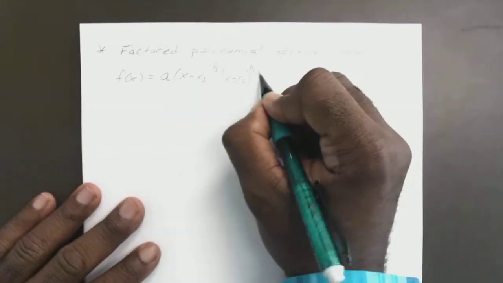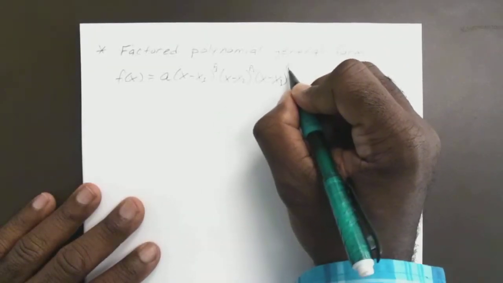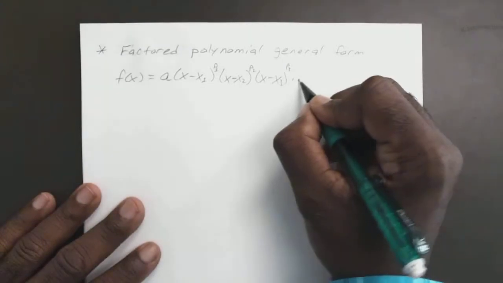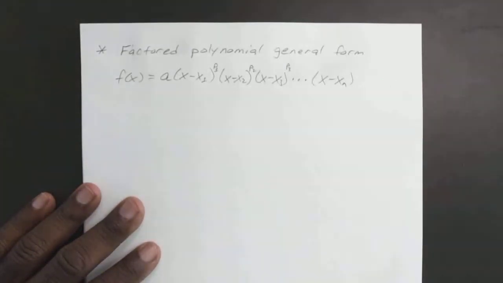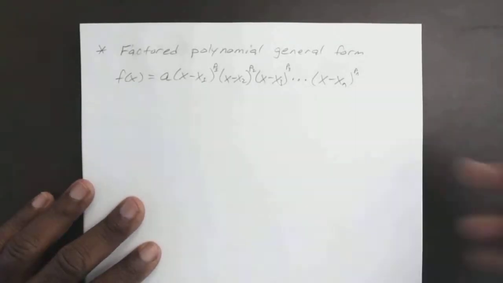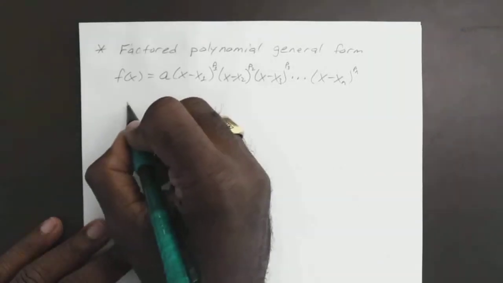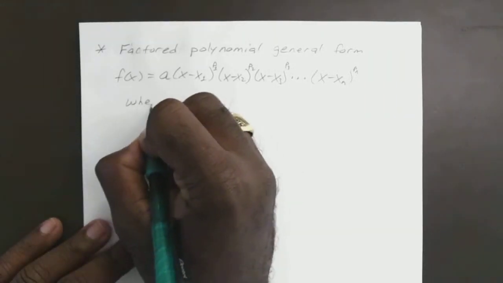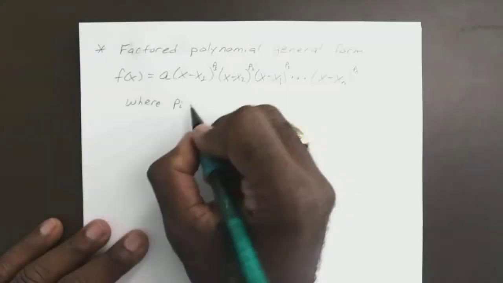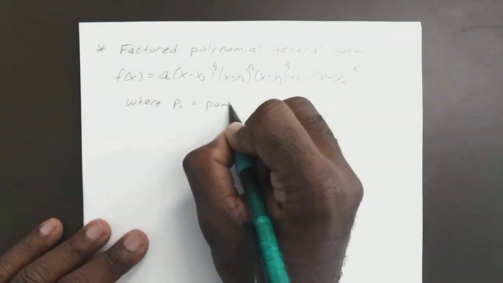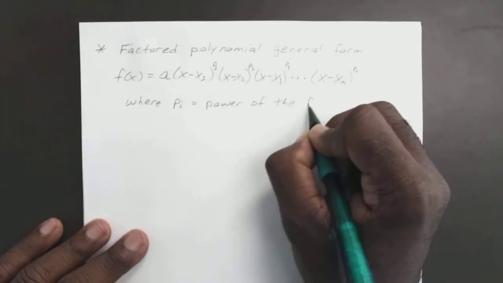Okay, so if you have x minus x2 raised to some power p2, and x minus some x3 raised to the power p3. And it keeps on going until you get to some x minus x of some number raised to some number. Where p sub i equals the power of the factor.